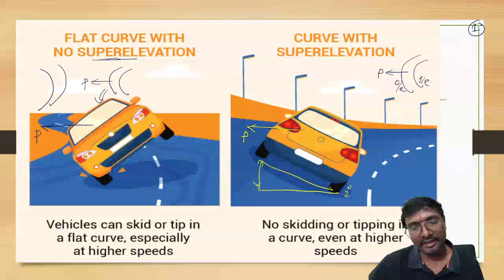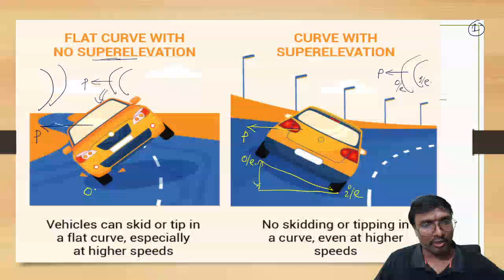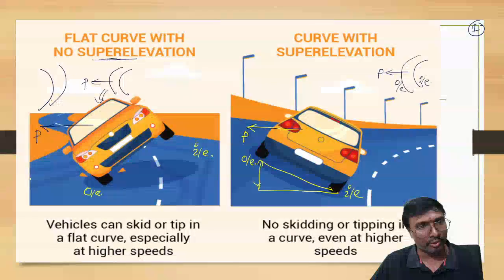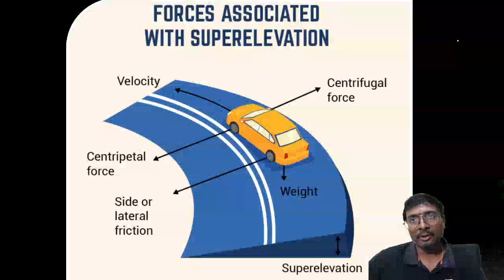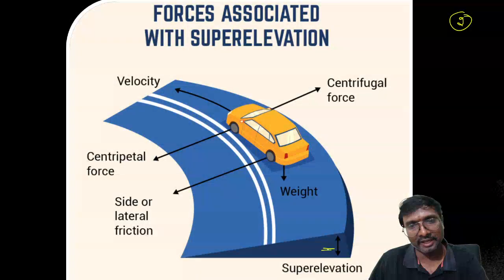So this is your inner edge, and this is your outer edge. Centrifugal force will be acting on the outer edge side. Here you consider this diagram of the curve in this manner. Now if you are providing this super elevation, there will be some level difference between this outer edge and this inner edge.